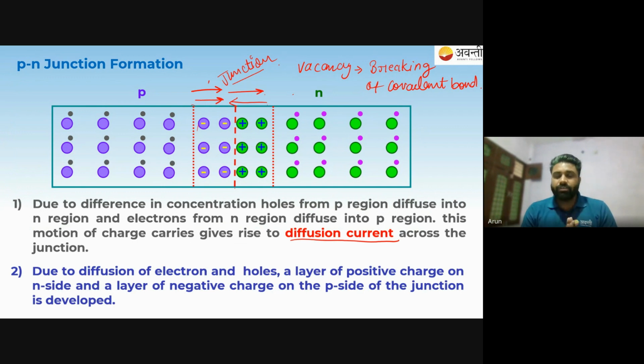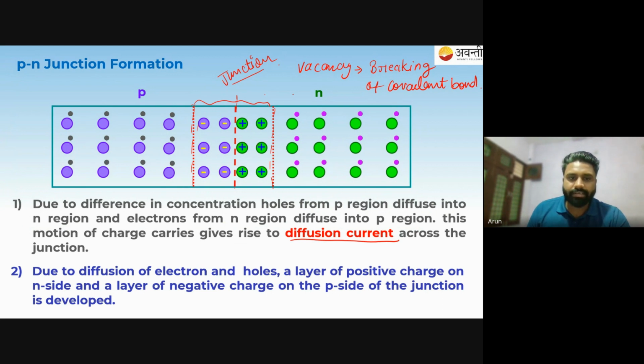Due to the diffusion of electrons and holes, a layer of some width forms at the junction, at the pn junction.